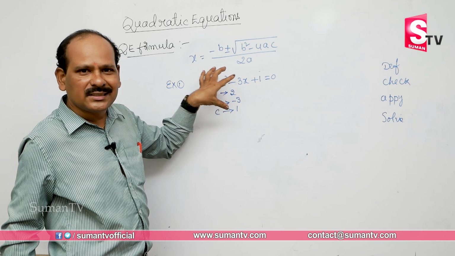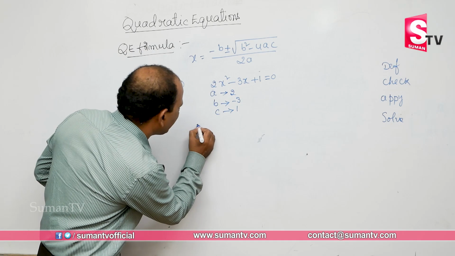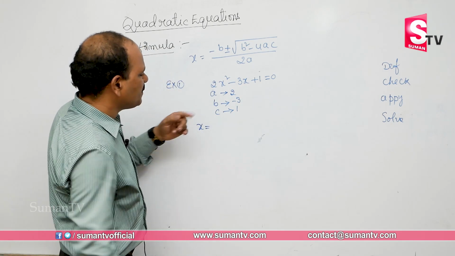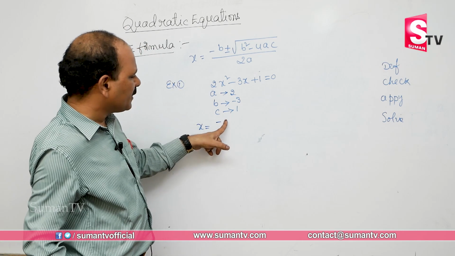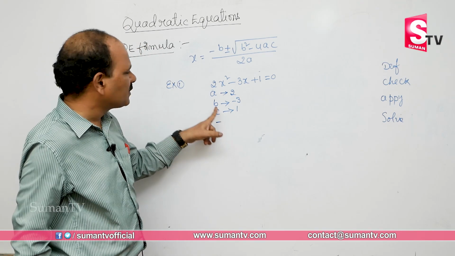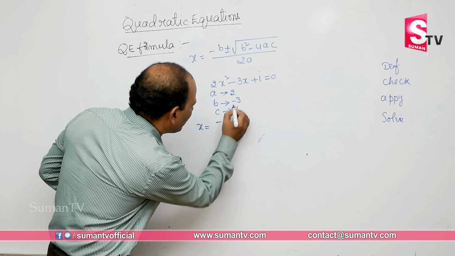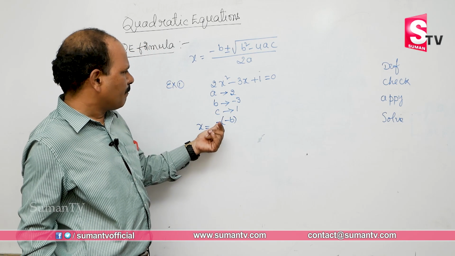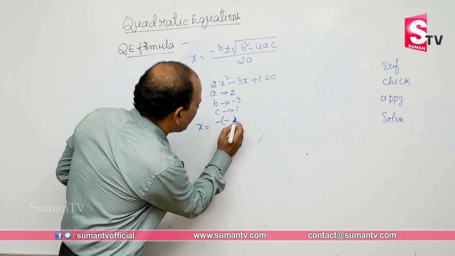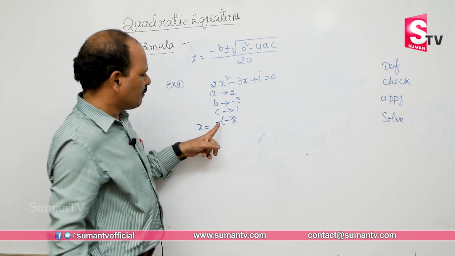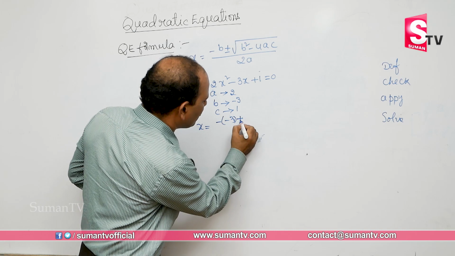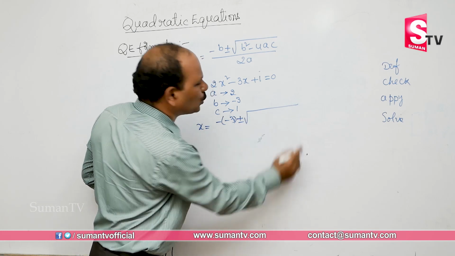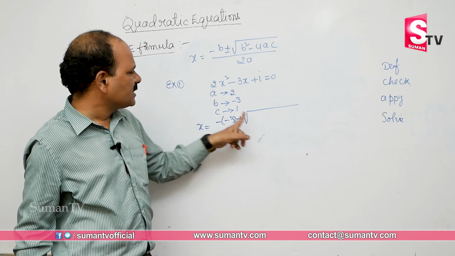Now apply this formula. x is equal to minus b. In place of b, I have to substitute the value of b. Since one more minus is there, I am keeping it in brackets: minus of minus 3, plus or minus root b square. b is what here?